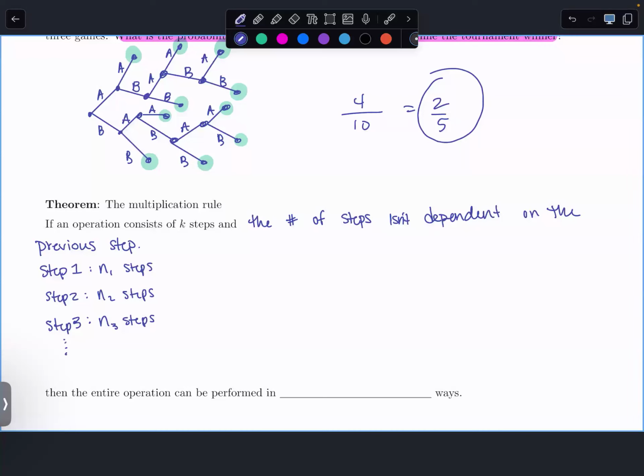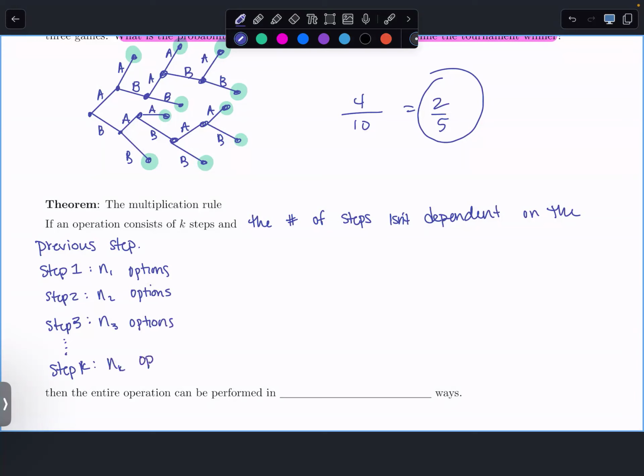So you have these K steps, right? So step K takes, calling these steps sounds weird. Maybe these are options. Let's go with options. Sorry. That's what my daughter said when she tried to run over me with her Jeep. Sorry.